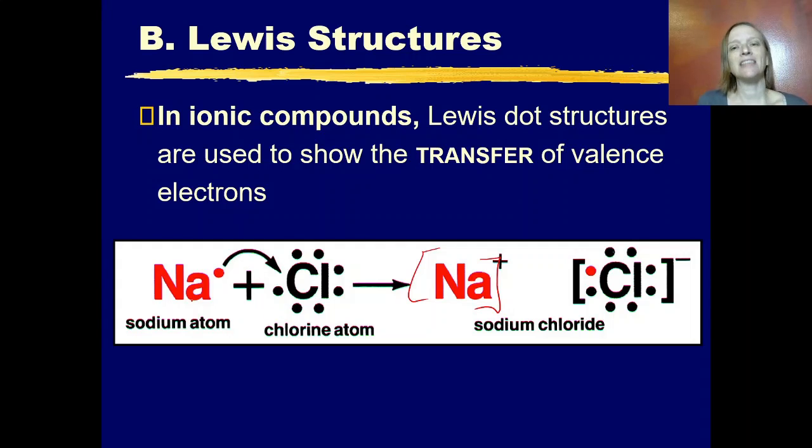But when they react together and create their ions, these ions have different properties than the substances that they come from. And sodium chloride, you eat it all the time. This is table salt that you would put on your food. So formulas are important. Substances with different formulas have different properties.